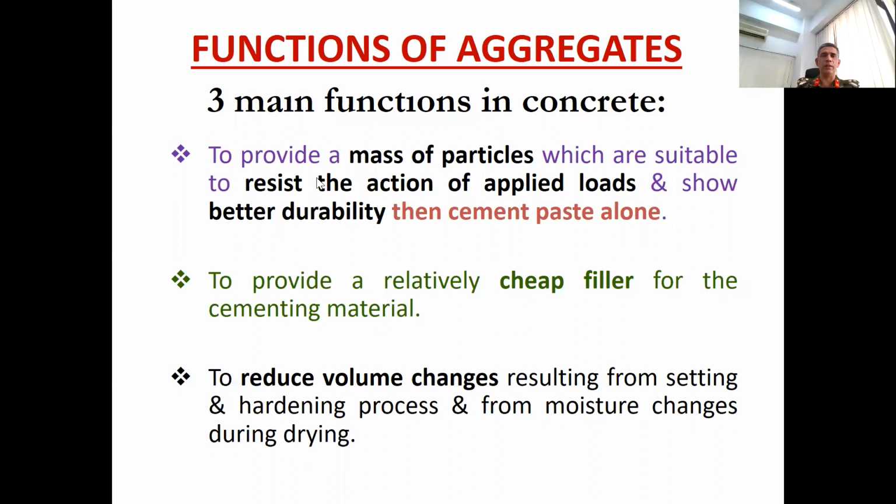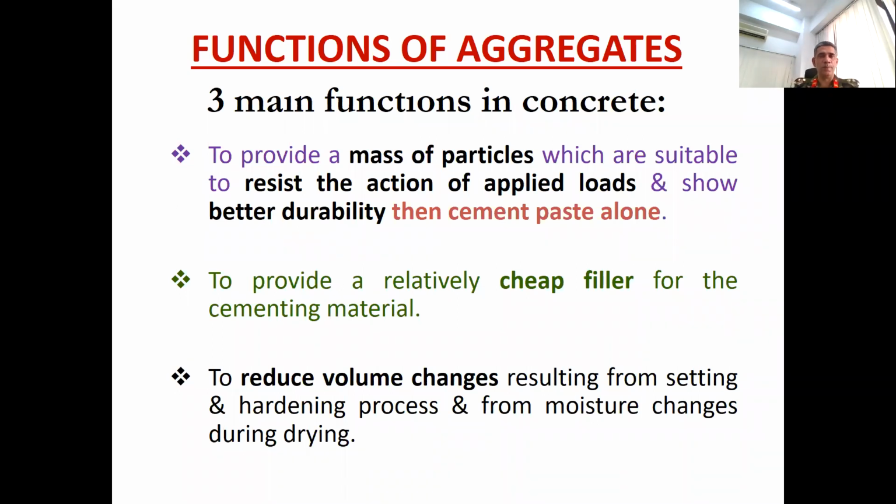Now, what is the function of aggregates in concrete? In concrete, the aggregate has three functions. First of all, the stone chips or brick chips that we use provide a mass of particles, as they occupy the major volume. Due to this mass, it can resist the load coming onto the concrete.